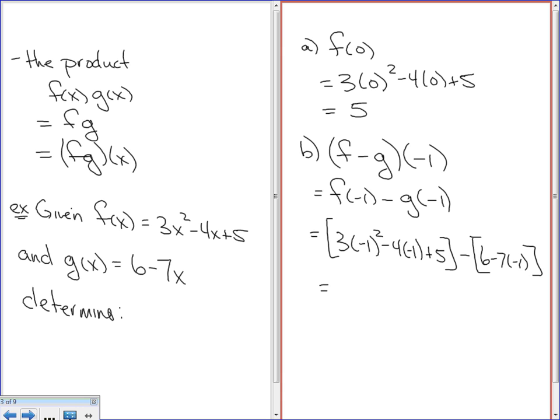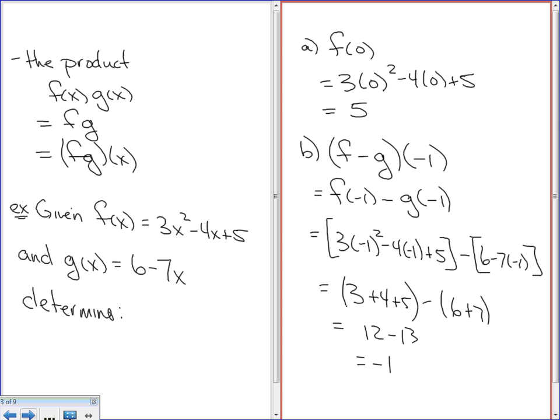So -1 squared is 1 times 3 is 3, plus 4 plus 5, minus 6 plus 7, which is 12, minus 13, which is -1. And just make sure that I've done all my math correctly. Pretty straightforward stuff.